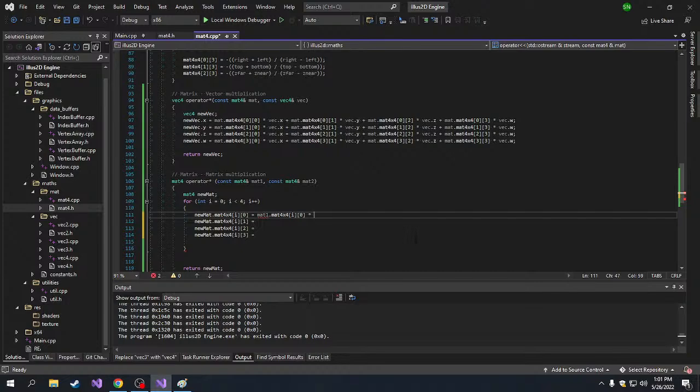times, I'm probably going to multiply it with mat2. So basically we do have to do it. So mat2 is the row, so we'll have to do 0 and this dot mat4.